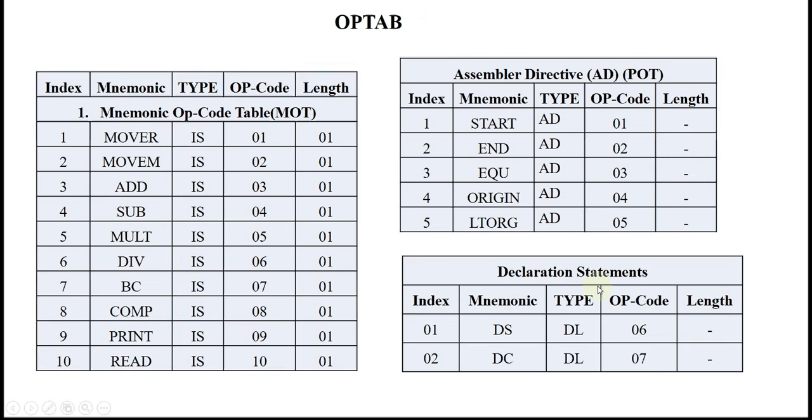Last one is the declarative statement, DL or the declarative line. Here these are the two types of mnemonic, declarative storage and declarative constant. And we are assigning the opcode number as 06 or 07, or we can give 01 and 02. These are the 3 types of opcode tables we are going to consider.